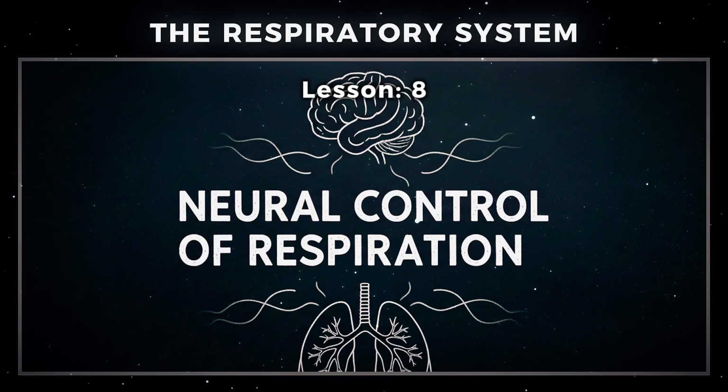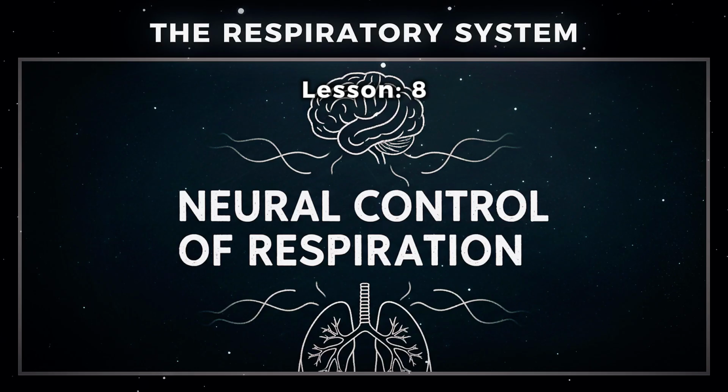There is also a fascinating protective reflex known as the Hering-Breuer reflex. Deep within the smooth muscle of your bronchi and bronchioles are stretch receptors. As you take a very deep breath and your lungs expand, these receptors are pulled taut. When they reach a certain threshold, they send an inhibitory signal back to the medulla, telling the inspiratory neurons to shut off.